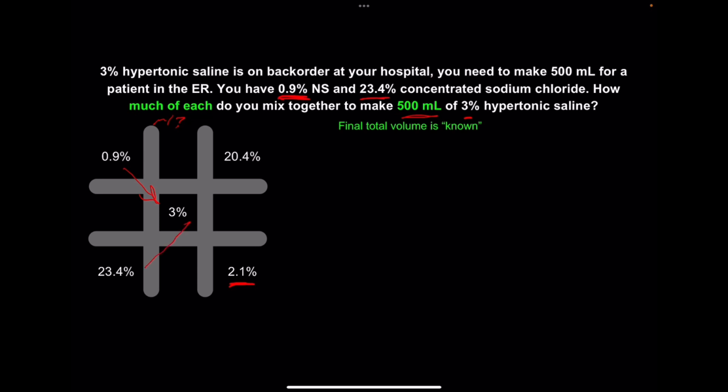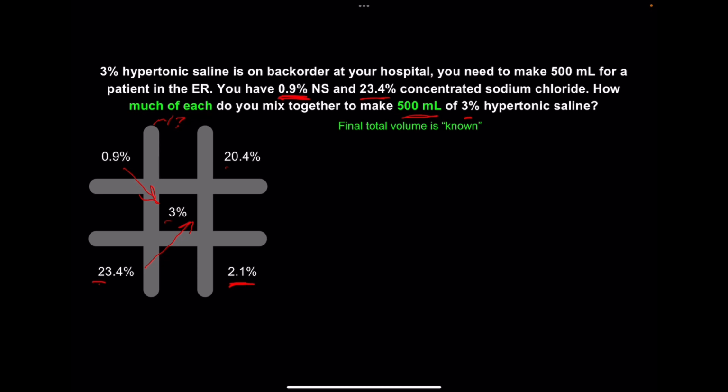We go diagonally, and we find the difference between these two numbers here. Easiest way is take the larger number, 23.4, minus the smaller number, 3. So 23.4 minus 3, and we get 20.4.